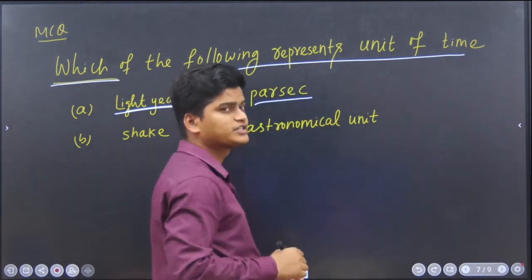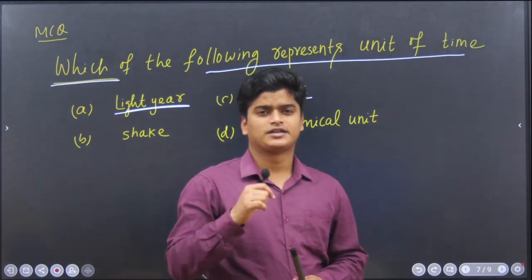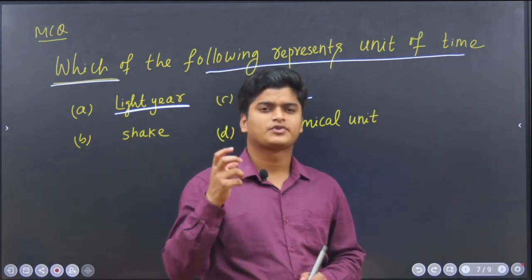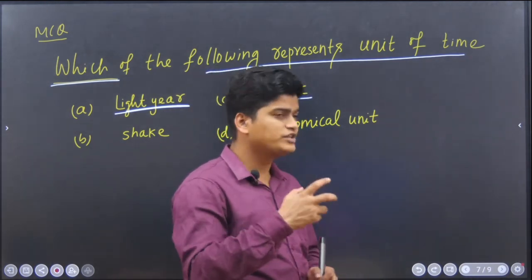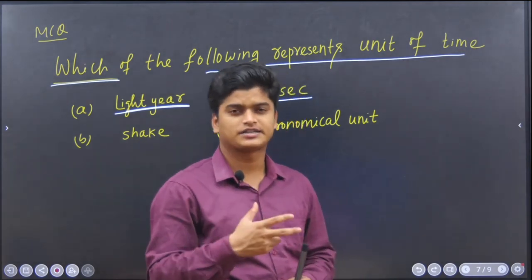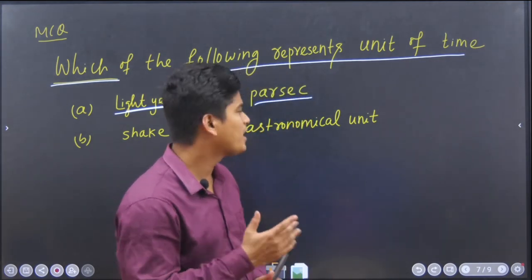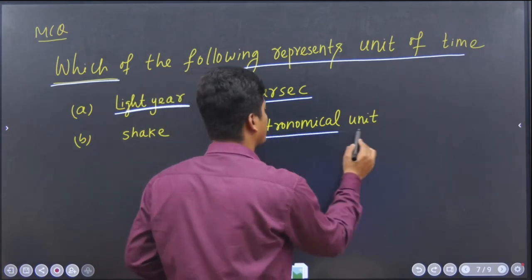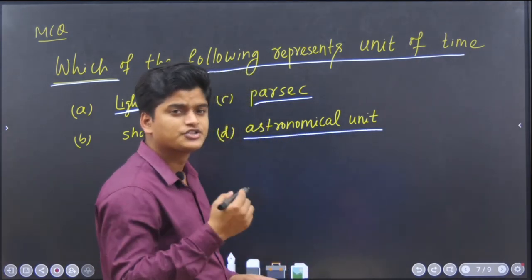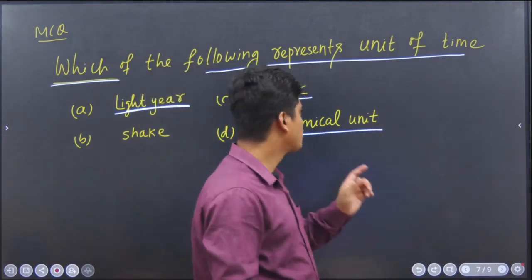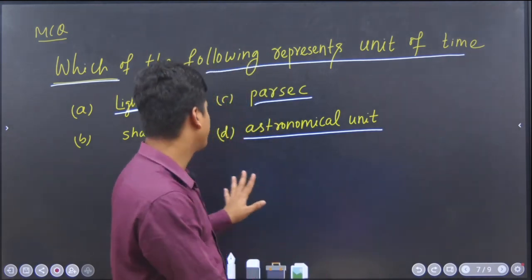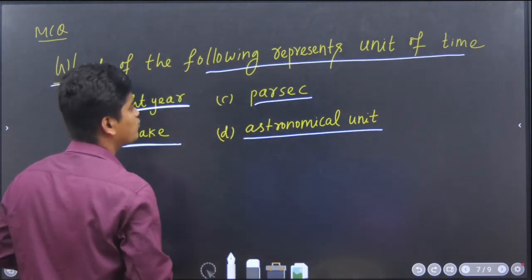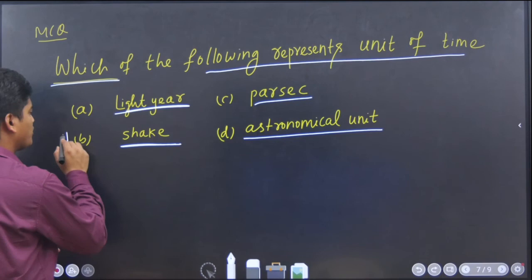Parsec is a distance at which the average radius of Earth's orbit makes an angle of 1 arc second, and astronomical unit is the distance between the Sun and Earth. So, these all are distances, and definitely the remaining one will be the unit of time.